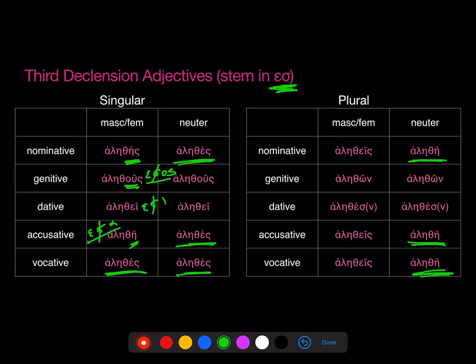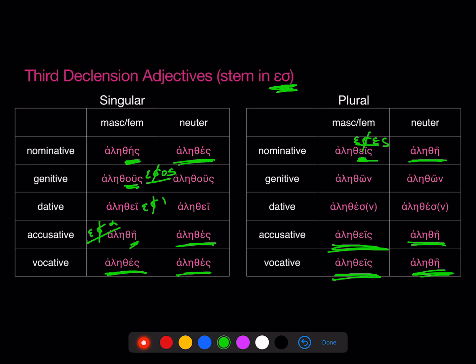Let's see, nominative plural should be es-es, intervocalic sigma drops out, and the two epsilons contract to give you that epsilon iota. That's the vocative plural as well, because remember, vocative plurals always look like nominative plurals. The accusative plural just imitates it.